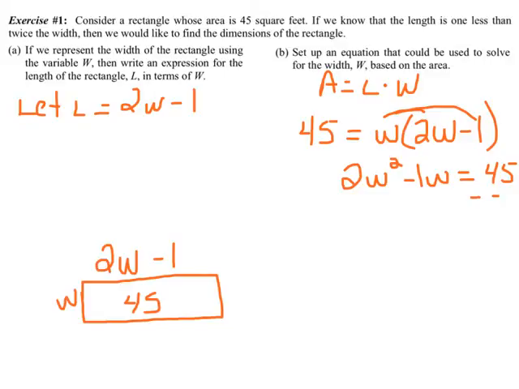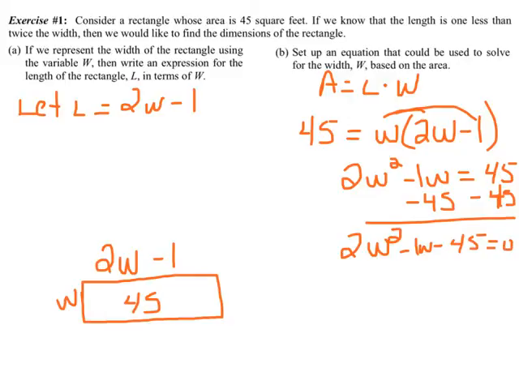I'm going to do minus 45. Two W squared minus 1W minus 45 equals 0. There I go. I have my equals 0 property. Now I can go ahead and factor.